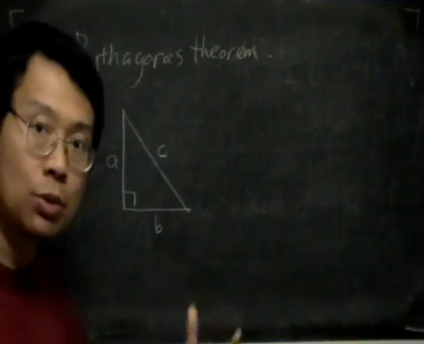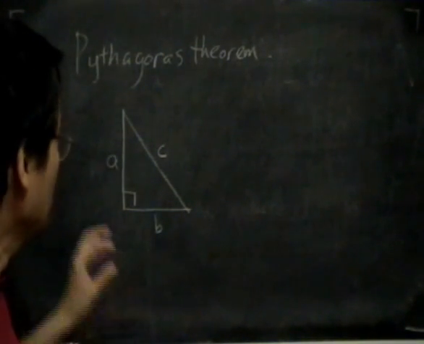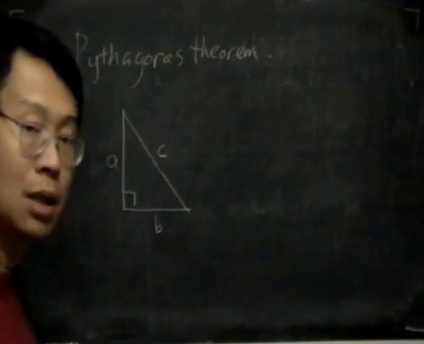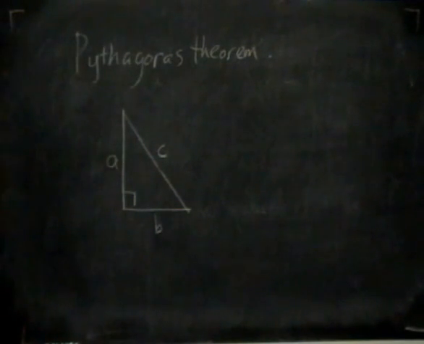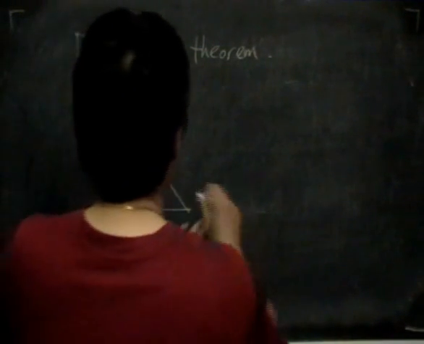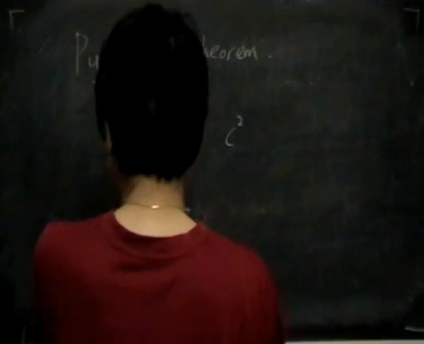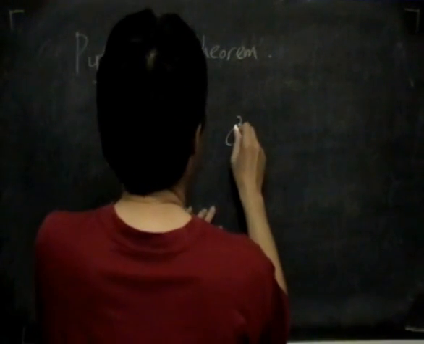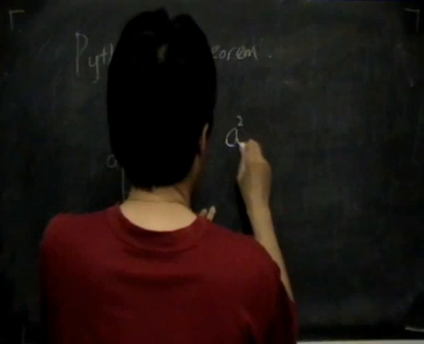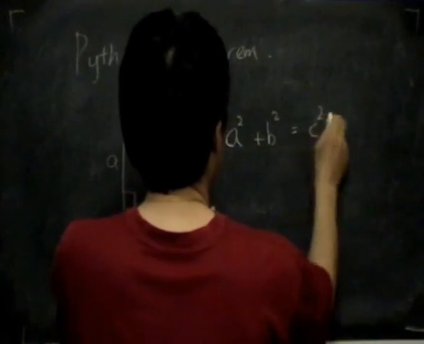We don't know what exactly they are, but we just let them be A, B and C, like we do in algebra. So Pythagoras theorem says that A squared plus B squared is equal to C squared.